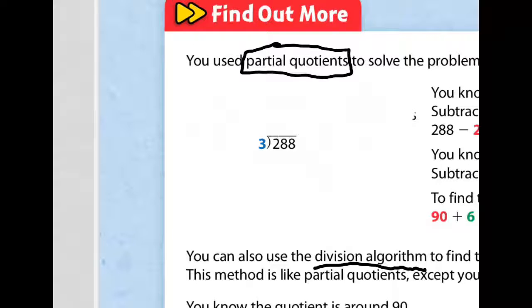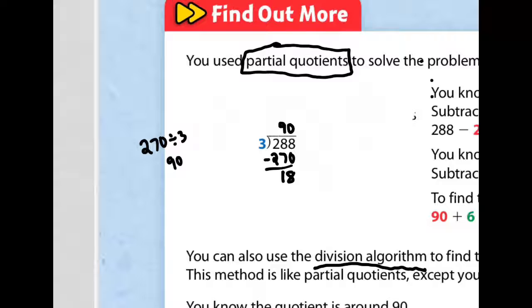So remember that estimate where we estimated this to 270 divided by 3 and got 90, right? So I'm going to start there. So I know, for example, that 3 can go into 288 at least 90 times, which is 270. Okay? And if I subtract 270 from 288, I'm down to 18.